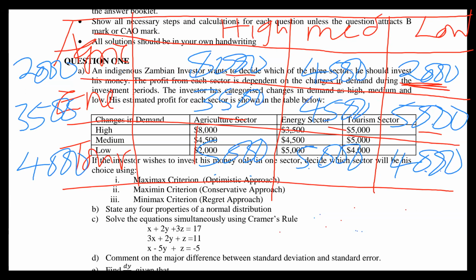Then we choose the best from the worst, like the minimum. These are the worst payoffs of each industry. Then you choose the best, right? Yes, sir. So the best payoff should be coming from tourism, because it has the highest payoff, right?